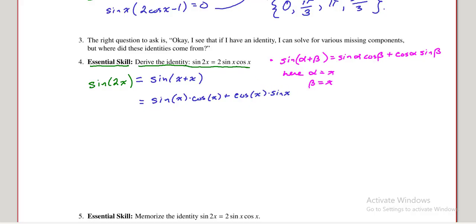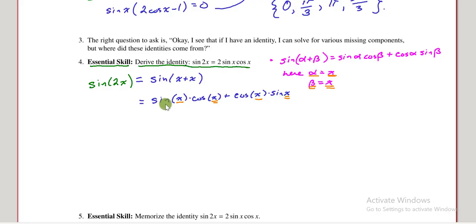This is not important to keep track of, but if I underline the x that was playing the role of alpha, there's where it showed up, and there's where it showed up. And if I double underline the x that was playing the role of beta, there it is, there it is. So you can see I filled in the correct values, substituted them in.